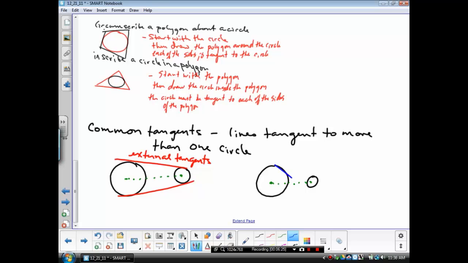Let's see if I can draw one the first time. There's an internal tangent. Is there another internal tangent I can draw? Yeah. The other direction. Okay. Let's see if I can get that one. Those two are common internal tangents.